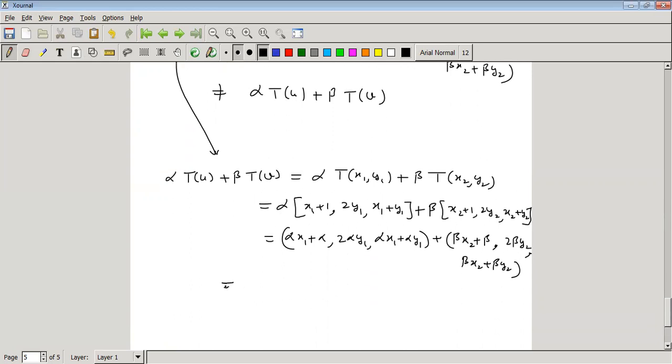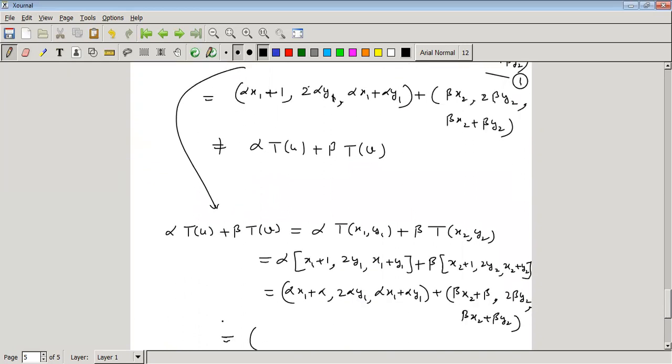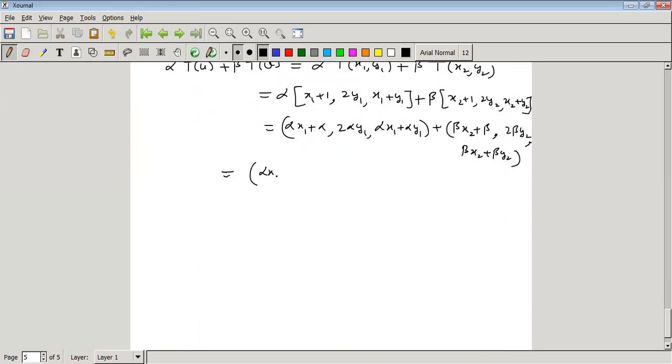And this is equal to alpha x1 plus beta x2 plus alpha plus beta, right? And this is 2 alpha y1 plus 2 beta y2, and the third is alpha x1 plus alpha y1 plus beta x2 plus beta y2.